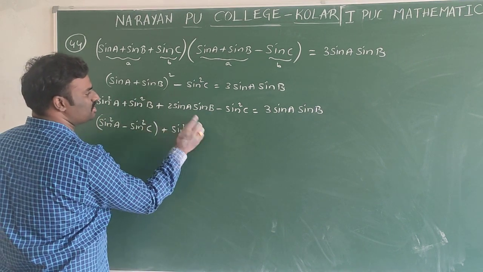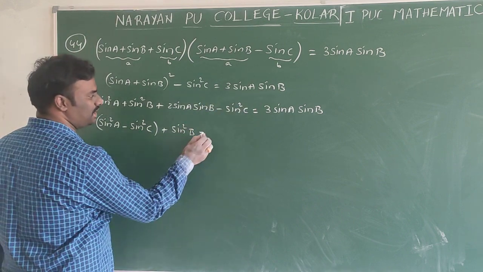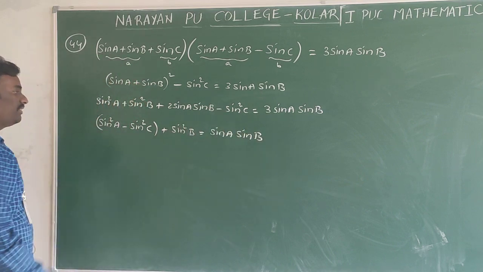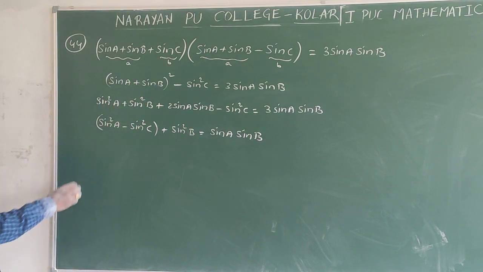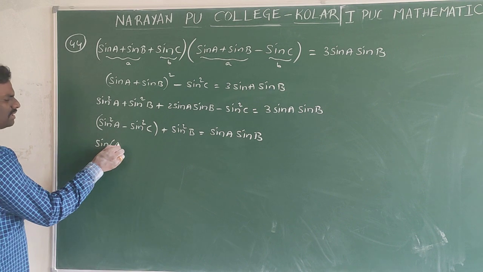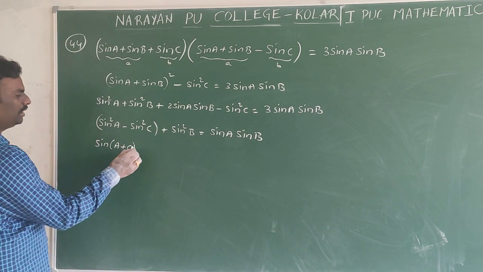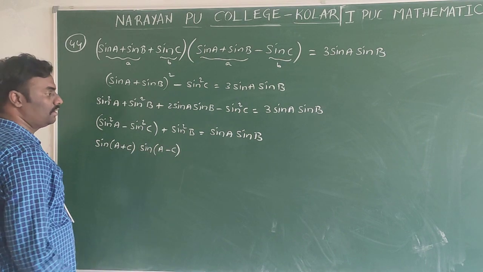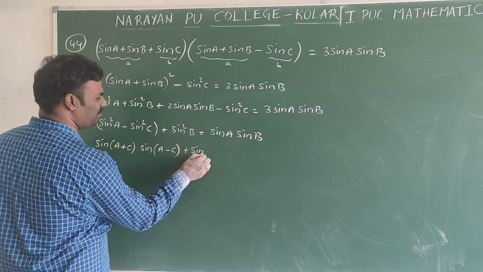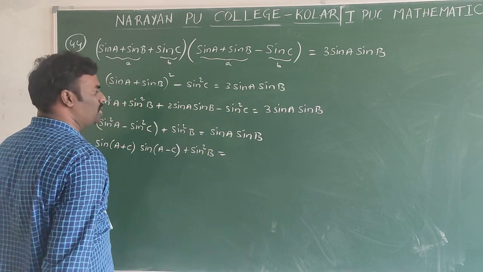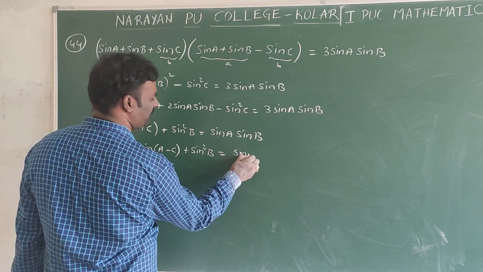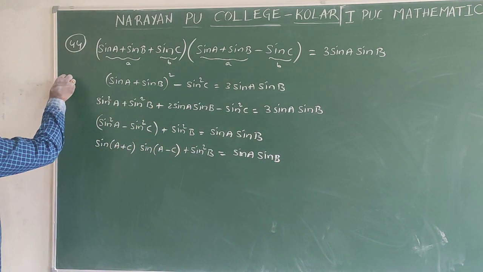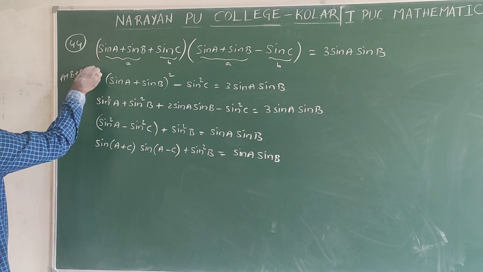You send this term to that side: 3 sin A sin B minus 2 sin A sin B is nothing but sin A sin B. Now sin square A minus sin square C can be written as sin of A plus C into sin of A minus C, plus sin square B, is equal to sin A sin B. Already it is a triangle, A plus B plus C is equal to 180.